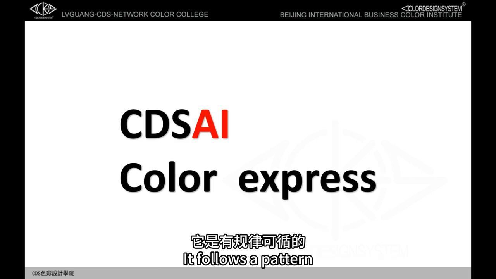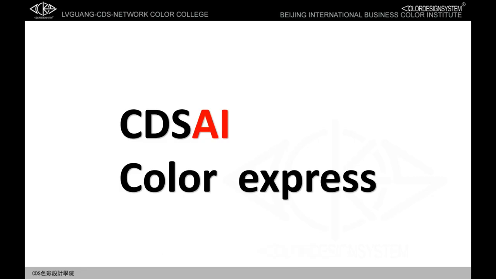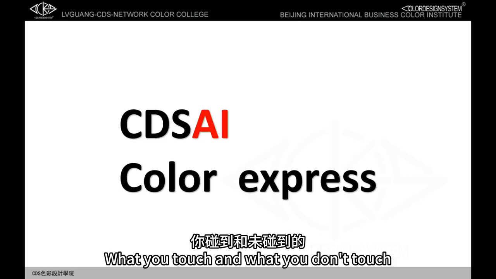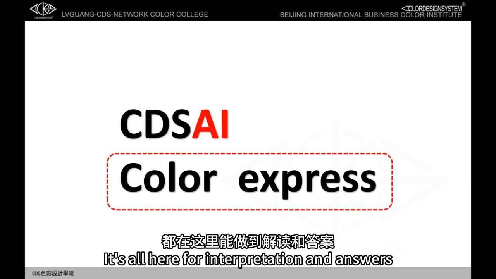It follows a pattern, it's very simple, and it has design applications in life. You can see it, you touched it, what you touch and what you don't touch. It's all here for interpretation and answers.